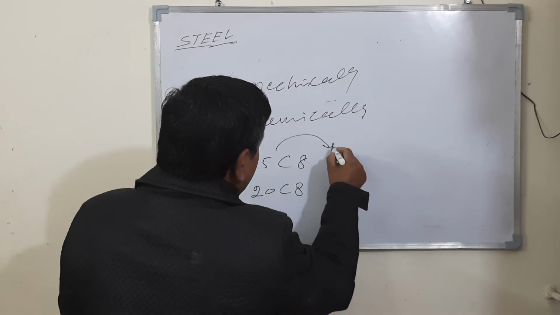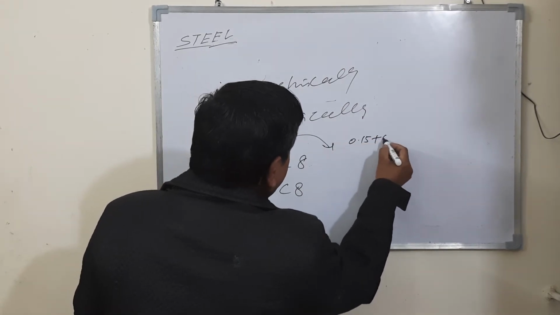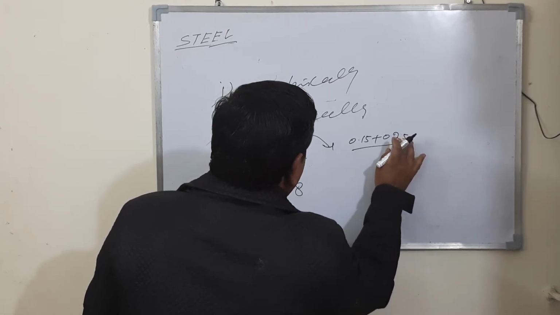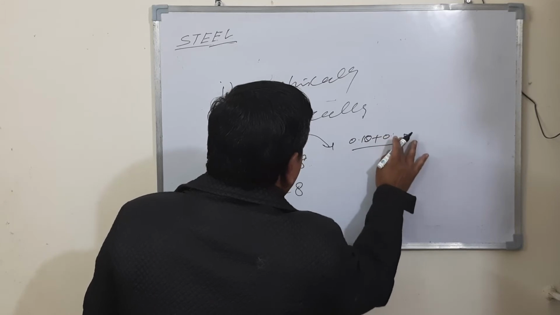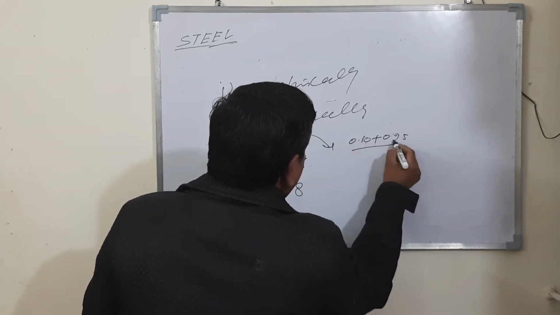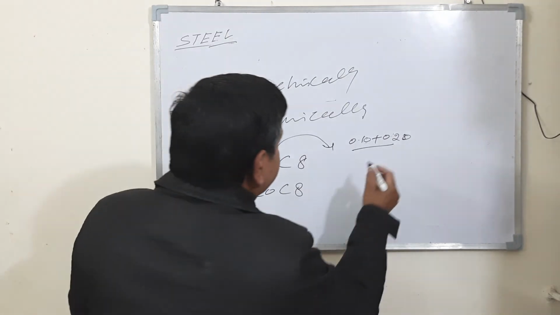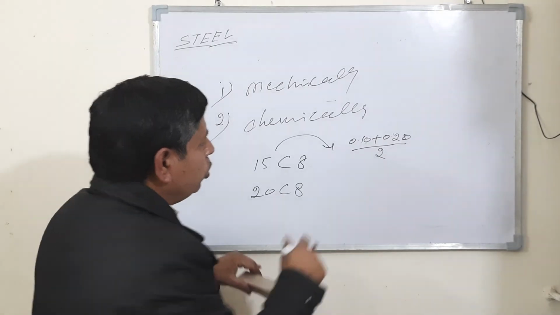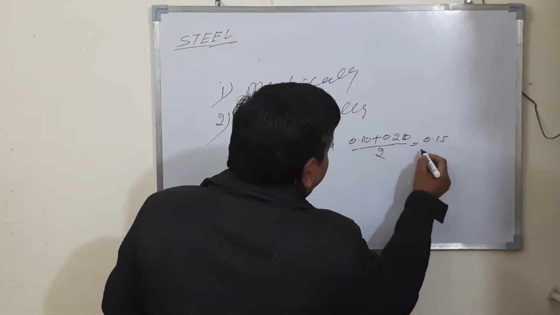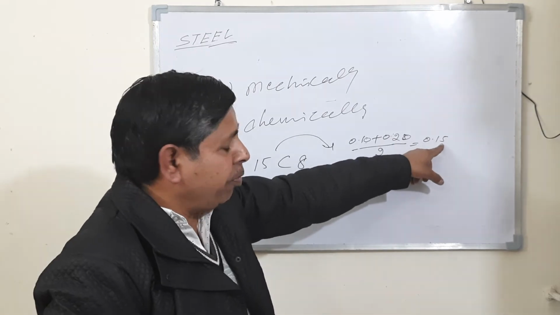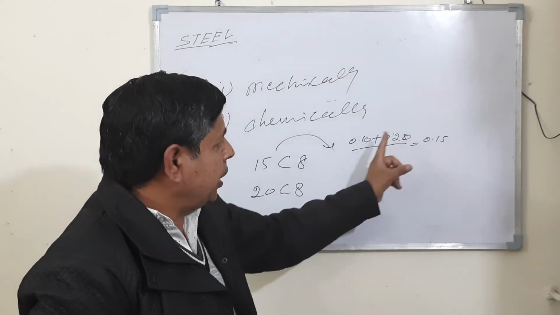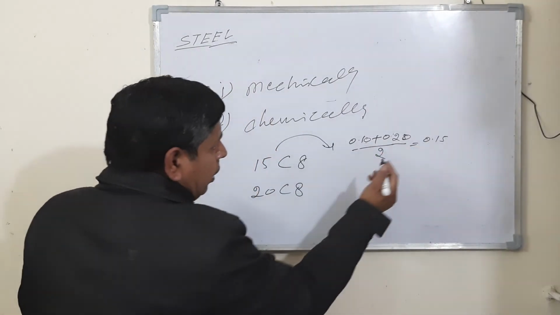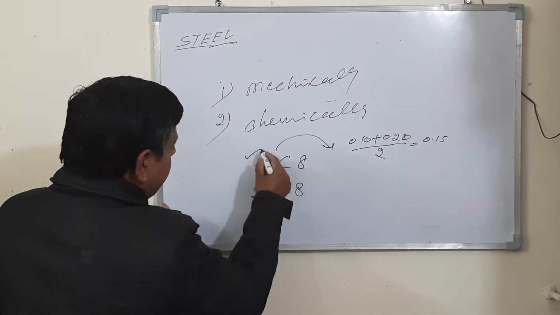This number is divided into two parts. 0.10 plus 0.20 divided by 2 gives 0.15. So 0.15 means the carbon content in this material.